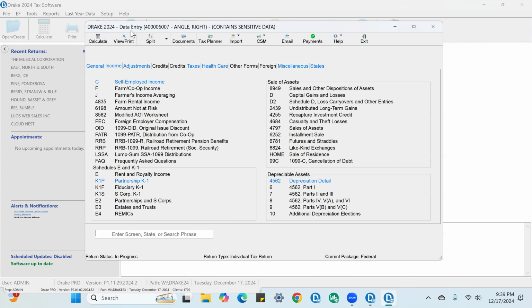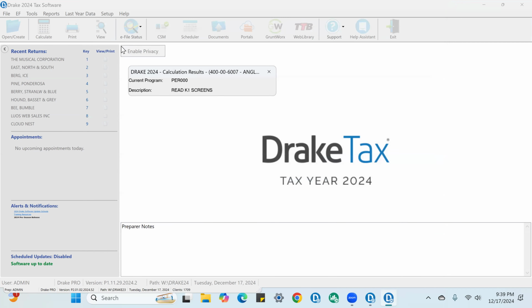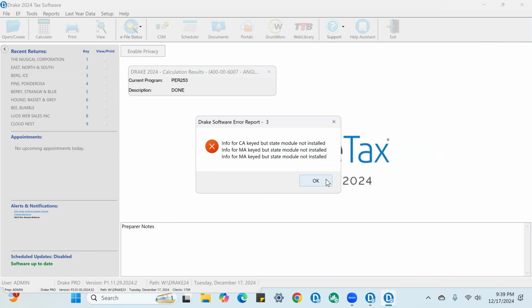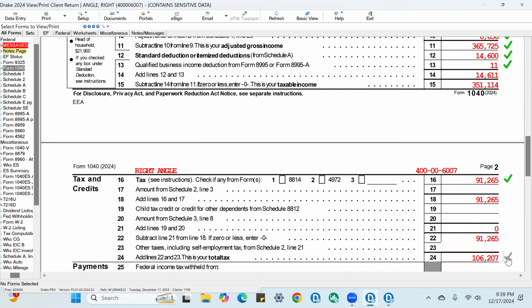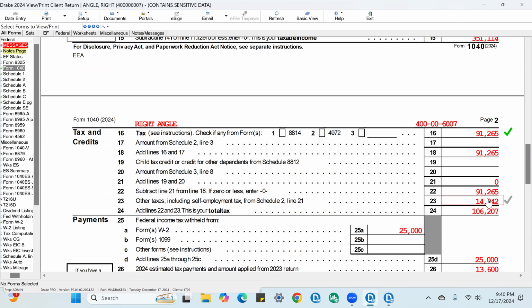Now, look at this income tax. On the inside of the 1040 tax return, you see this person not only pays the regular income tax, for example here, the regular income tax of 91,265, but there is also line 23, 14,942.